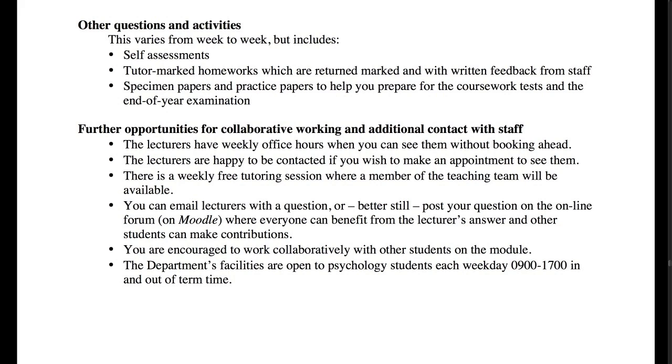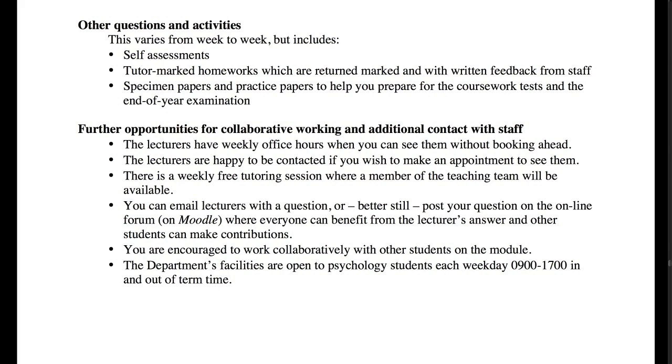You hand that work in, and this will get marked and you'll get written feedback on your work, usually a mark and other stuff to indicate how well you're doing. And then for each of the coursework tests and the end of year exam, we give you specimen papers and practice papers so that you can see the exact format of the questions and have more questions to practice on and to hone your skills.